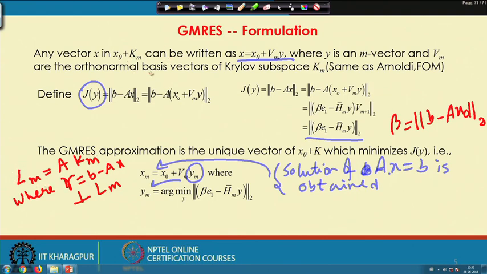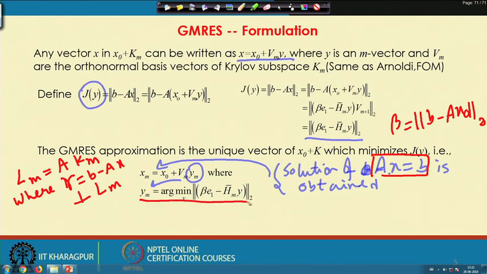K m is a Krylov subspace. And the formulation takes us to the fact that we have to find first the Krylov subspace basis vectors V m, and then we have to find a y m which minimizes this function beta e 1 minus h bar m y, and this is equivalent to minimizing the L2 norm of the residual.